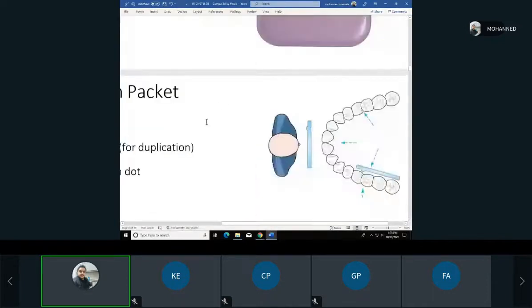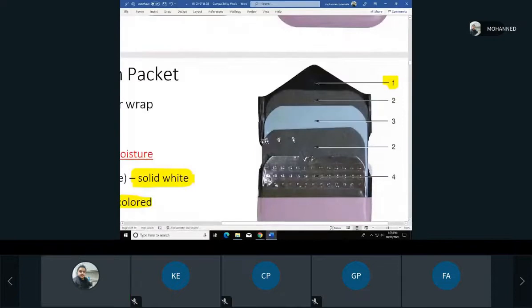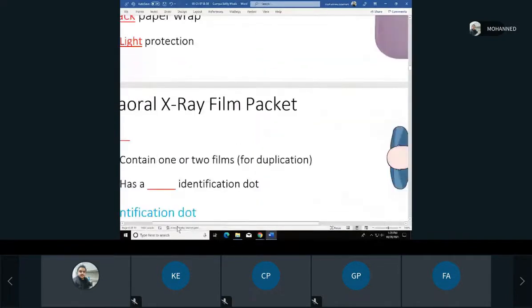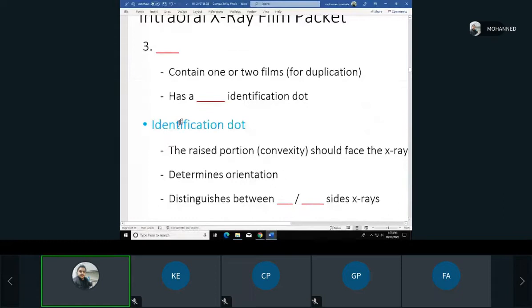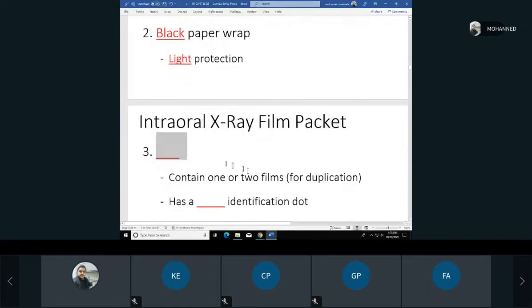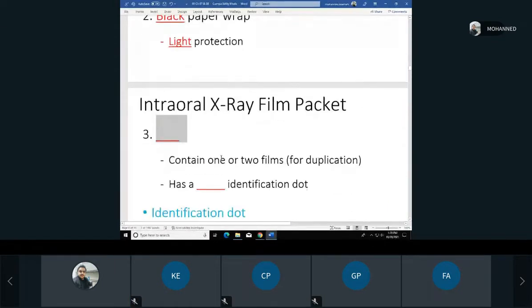Okay, now number three. Well, I think we'll jump to something about this. The identification dot. Let's see, what is number three? Yes, film. That is the actual film. That's how it looks, right?